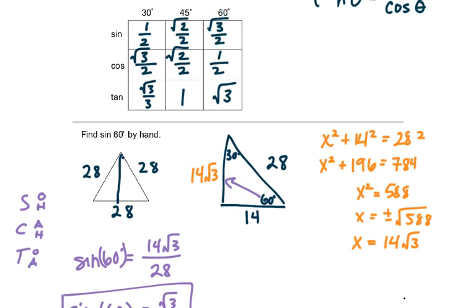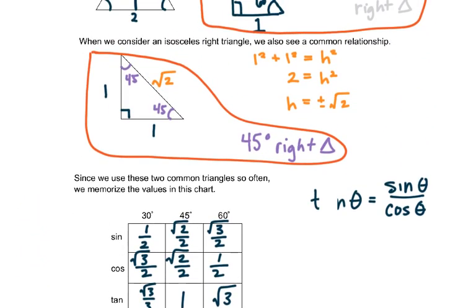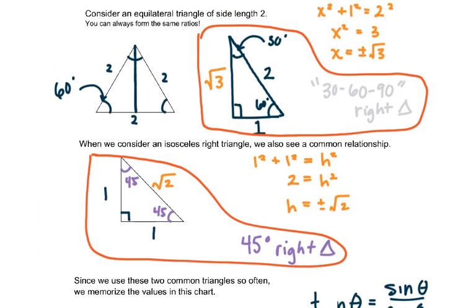So really what I'm trying to emphasize at this point is that these are values that we need to keep stored, okay? Whether you store them by considering this table and drawing this on your paper every time, or if you consider them by drawing those two right triangles every time. Store them in your brain. It's going to make your life a lot easier.